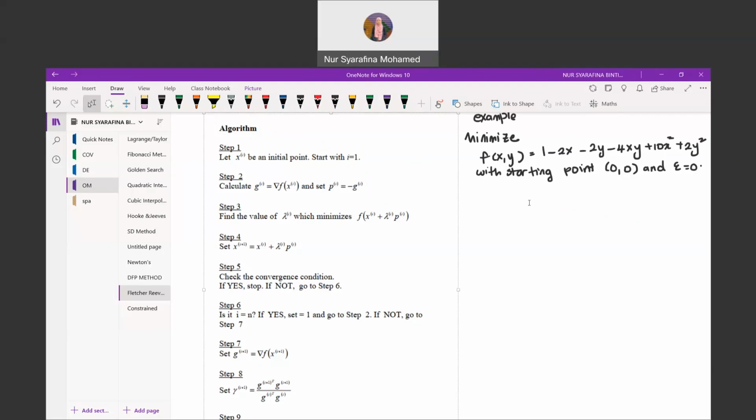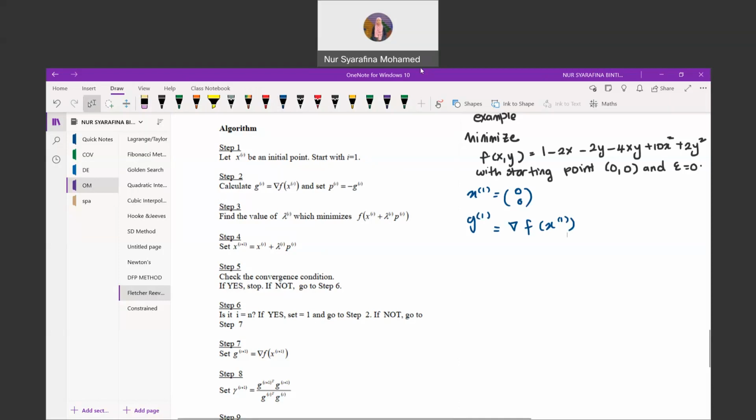Okay, step 1, right? We decide our x1. Let x1 be the initial point, so x1 is given by (0, 0). Then find g1. So g1 is given by the derivative of f at x1.